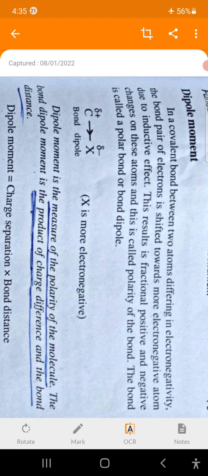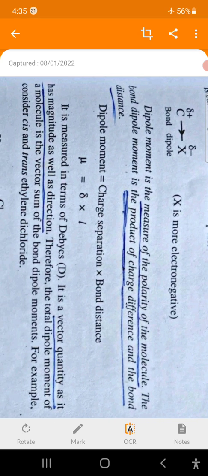Cl is more electronegative than H. Therefore, the bond pair between H and Cl is attracted towards Cl, and Cl carries delta negative charge, and hydrogen carries delta positive charge. Such bonds are polar, and the HCl molecule is a polar molecule.